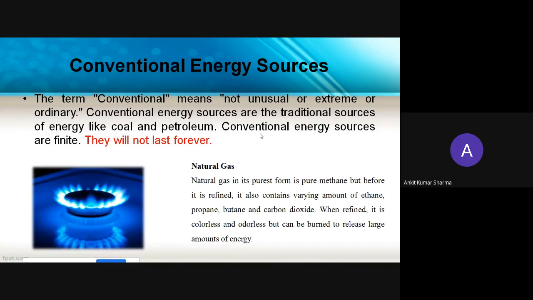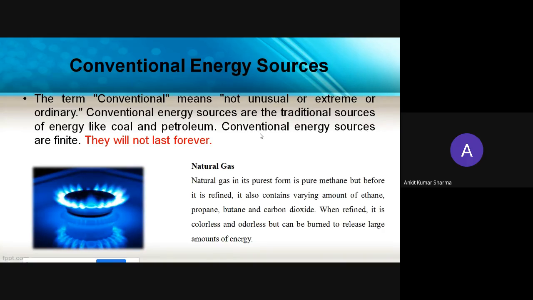There are many definitions of conventional: not unusual, extreme, or ordinary, the traditional sources like coal and petroleum, finite in nature, and last but not least, they will not last forever. Okay.